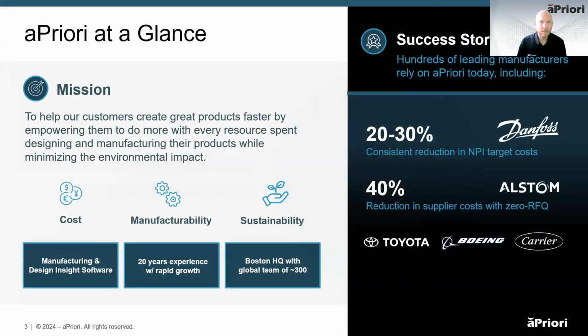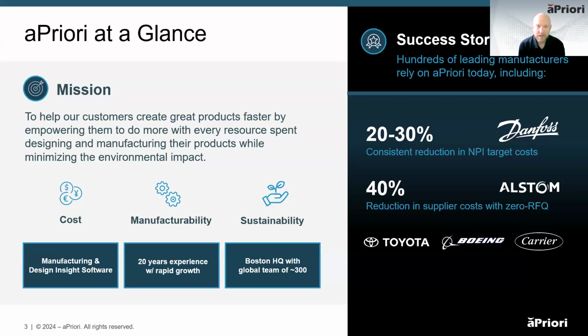Now, A Priori Technologies is the company I work for at the moment. And just to give you an idea of our mission, we're really here to help our customers create great products faster by empowering them to do more with every resource spent designing and manufacturing their products while minimizing the environmental impact. So what does that mean?